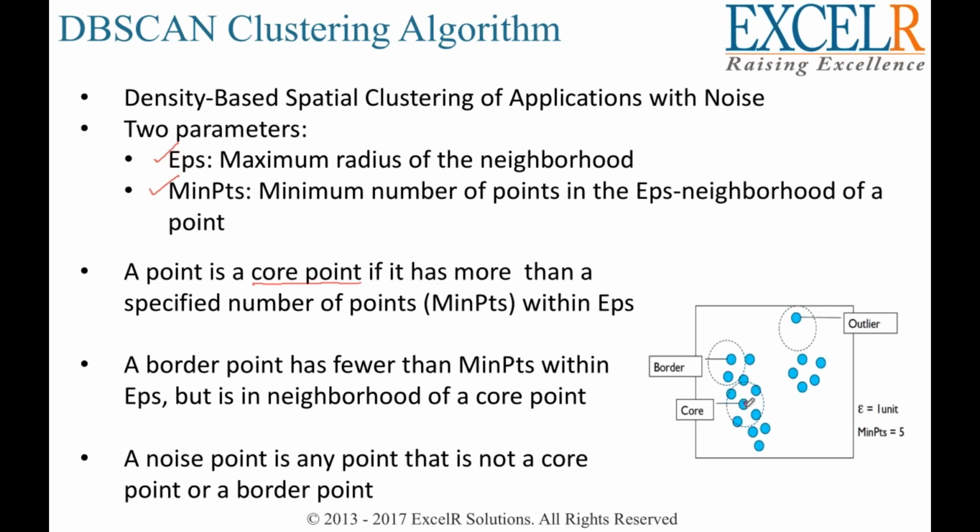So for example, if this is the center and the EPS is 1 unit, with 1 unit you draw a circle. Within that circle, do you have at least 5 points because you set minimum points as 5? Yes: 1, 2, 3, 4, 5. So this point is called a core point. A point is a core point if it has more than a specified number of points within that circle, or within that EPS.